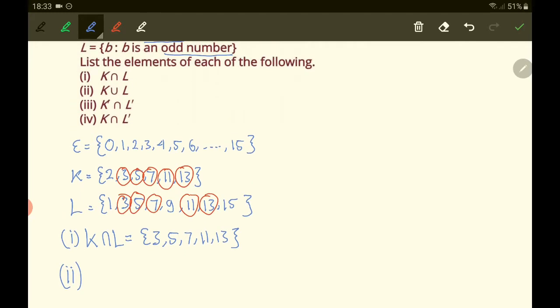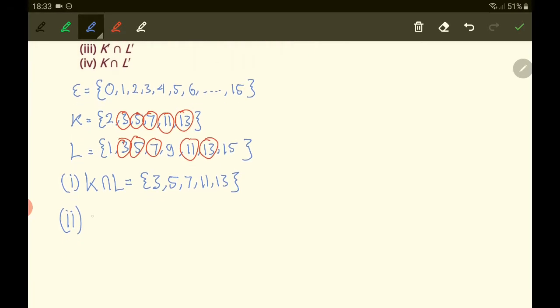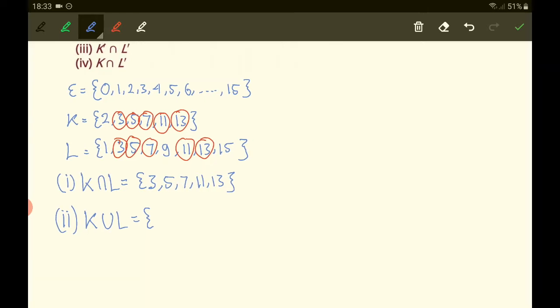And then now the second part, K union L. Union means united, so you combine the elements in K with the elements in L. If there is a double element, you just write it once. For example, in L we have 1 but K has no 1, so just write 1 here.